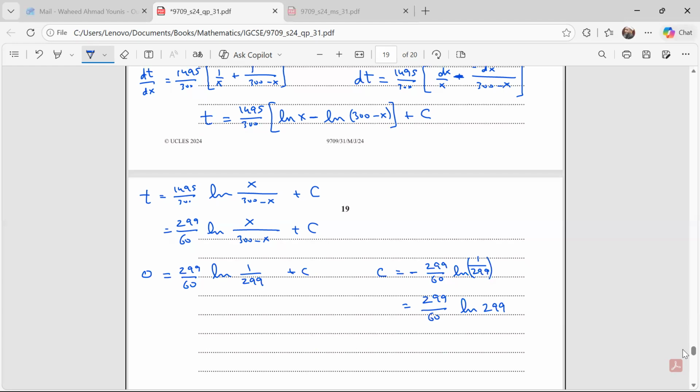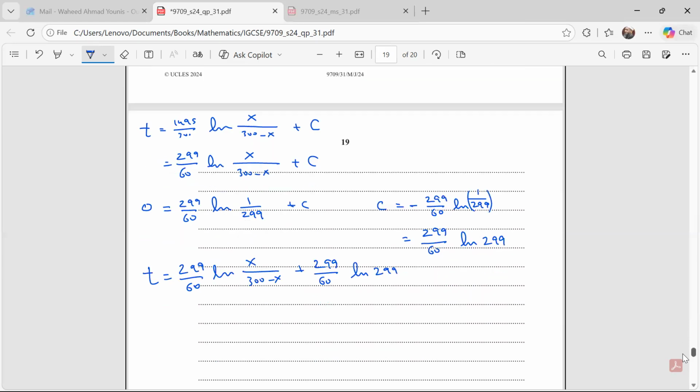I can put it here. So t is equal to 299 over 60 into log of x over 300 minus x plus c, and this c is 299 over 60 into log of 299. Make sense? So far so good?